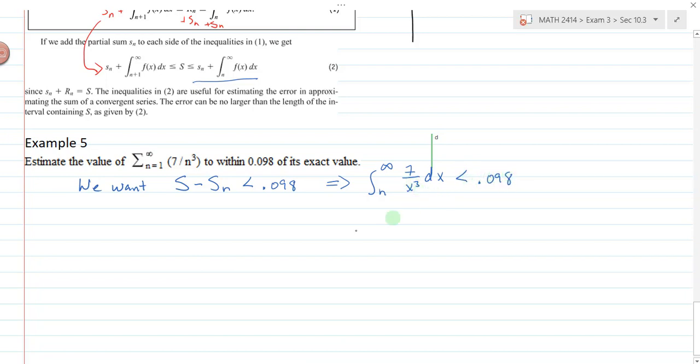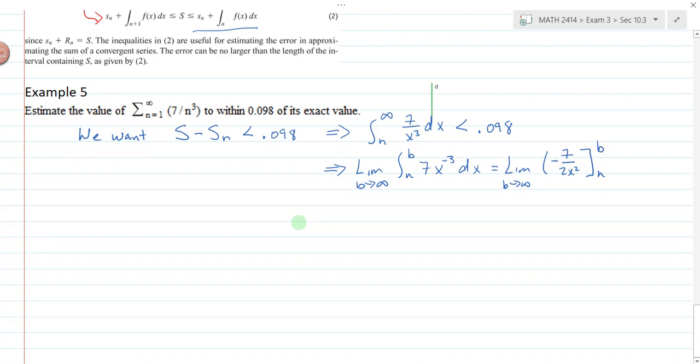I can rewrite this as the limit as b goes to infinity of the integral from n to b of 7x to the negative 3 dx, and that's equal to the limit as b goes to infinity of negative 7/2 x to the negative 2, which is negative 7 over 2x squared, from n to b. Whatever this is equal to has got to be less than 0.098.